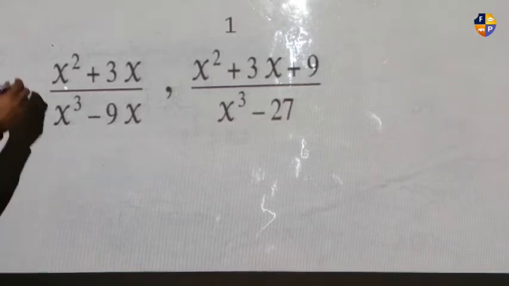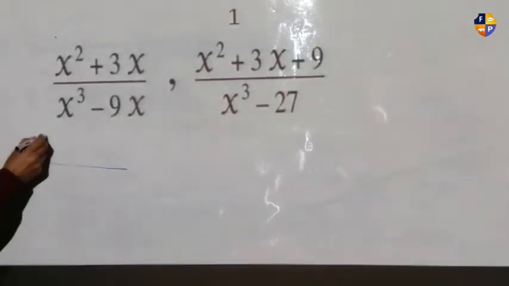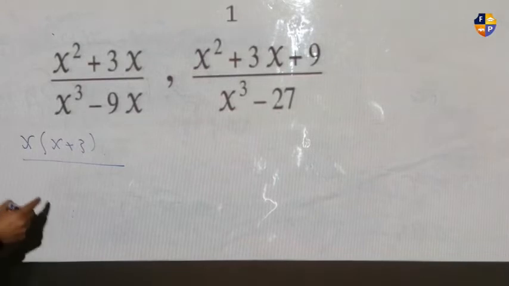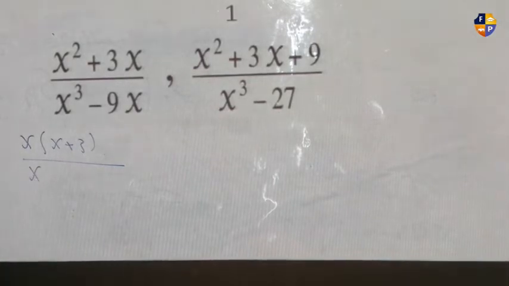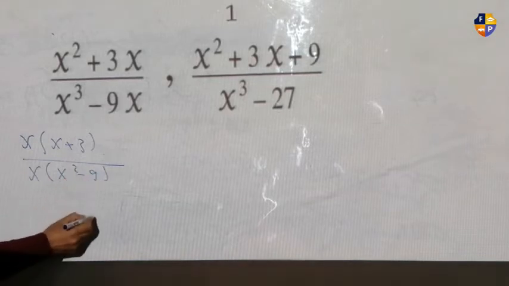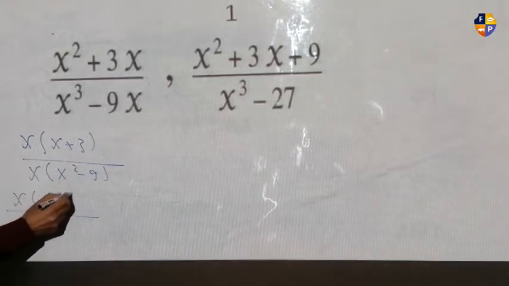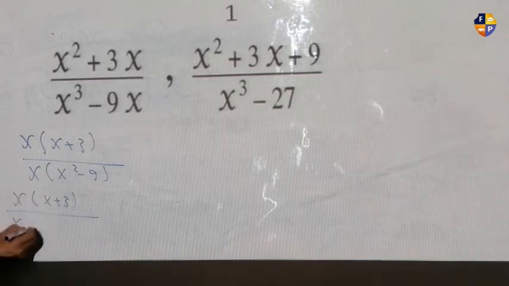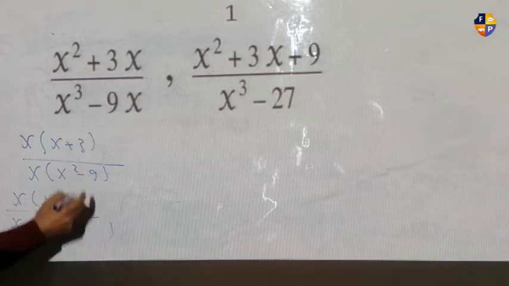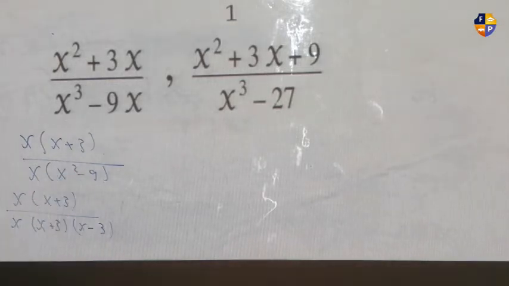We can find the common domain. Number 1, taking HCF x plus 3. Number 2, taking HCF x power 2 minus 9, and we can complete x plus 3, and x difference of squares, x minus 3, 1 positive, 1 negative.